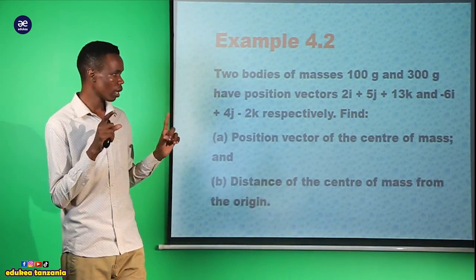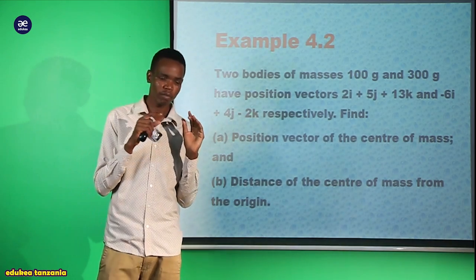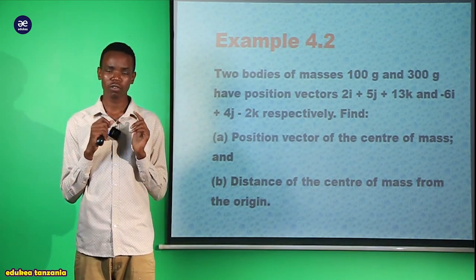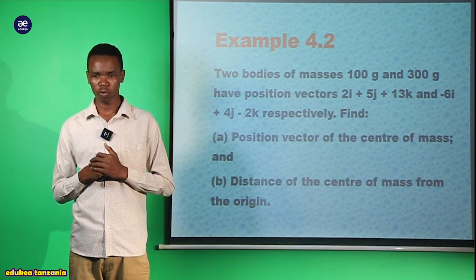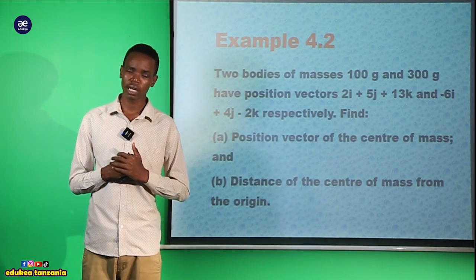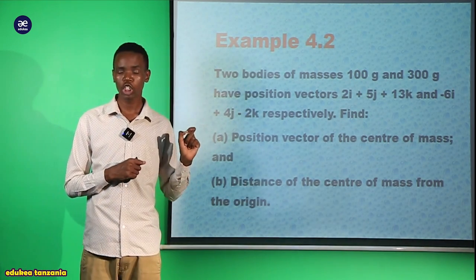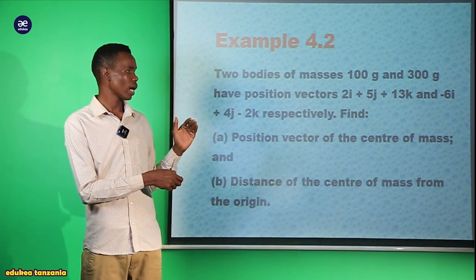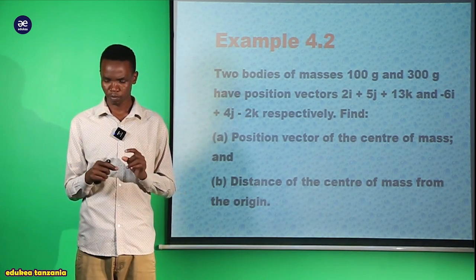We have two masses, we have the particles, and the body involves these particles. It contains particle 1 and particle 2. Particle 1 has a mass of 100 gram and position vector 2i plus 5j plus 13k.